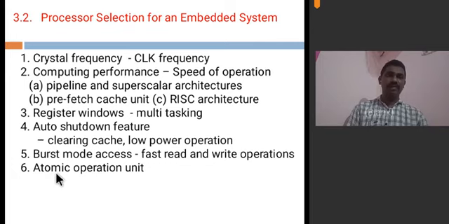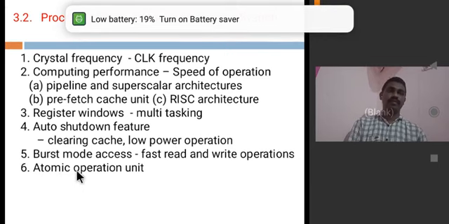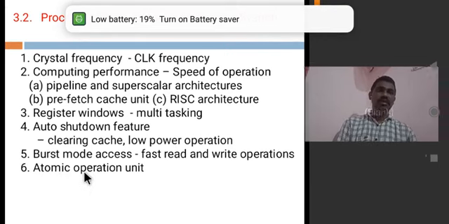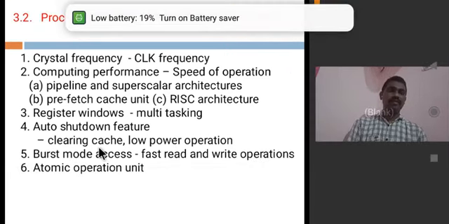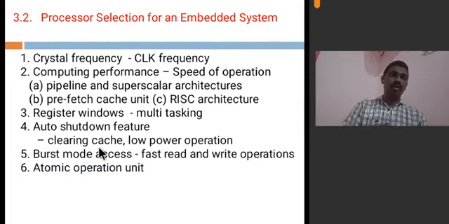In that case, one processor or peripheral which is using shared memory should lock that memory, while another unit should not use that memory. That means one of the CPUs or peripherals should lock that bus or memory location. This type of operation is called an atomic operation.